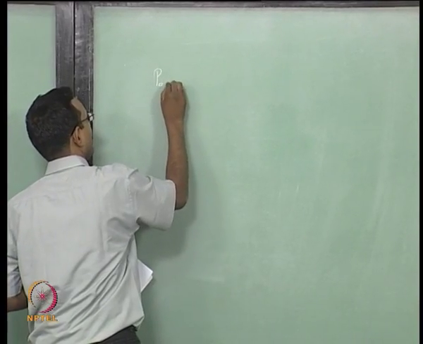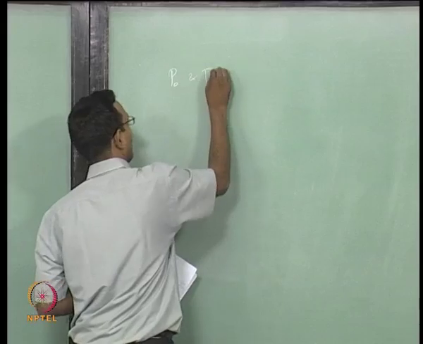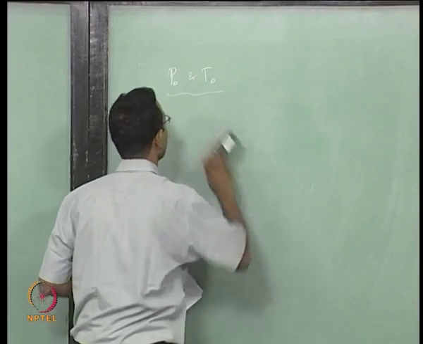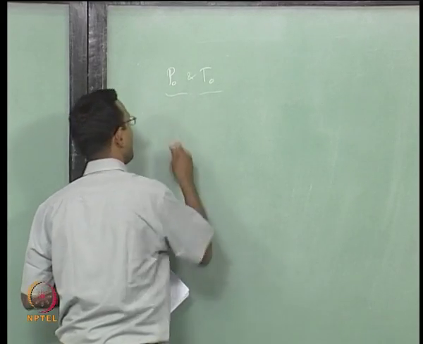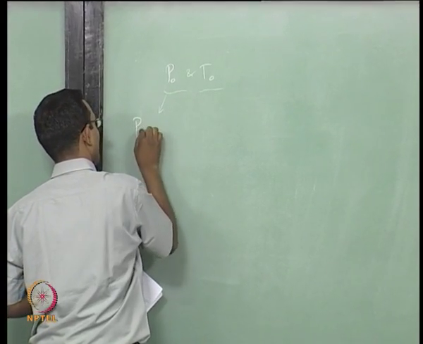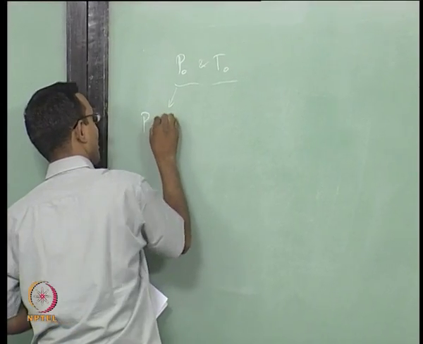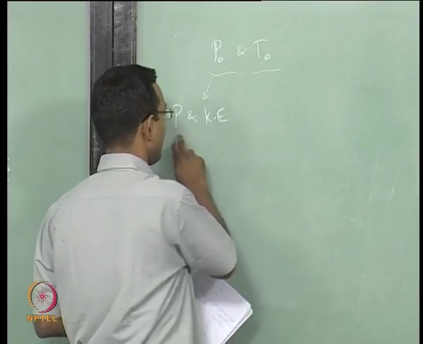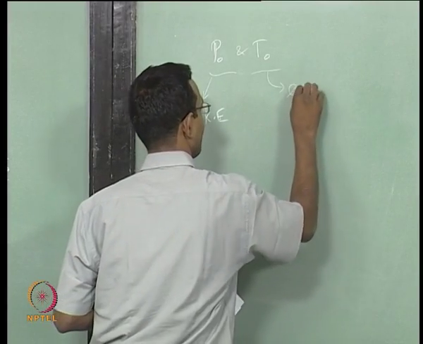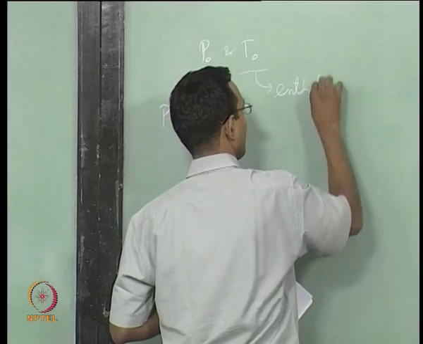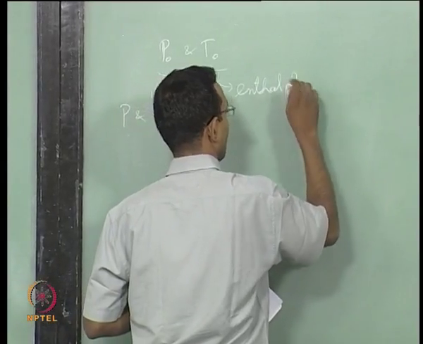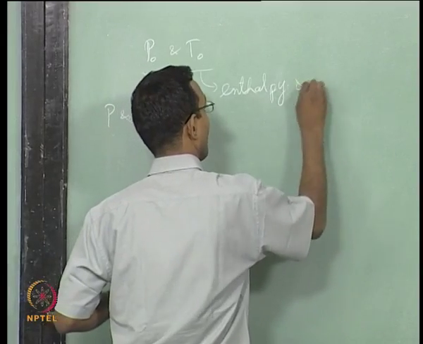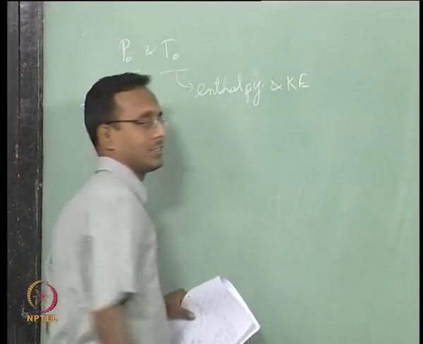Because P0 and T0, both of them have, I will do it individually. P0 has pressure energy and kinetic energy of the gas. T0 has enthalpy and kinetic energy of the gas.